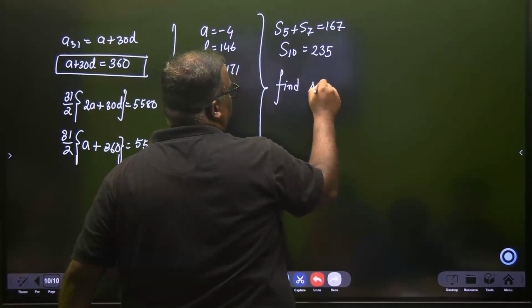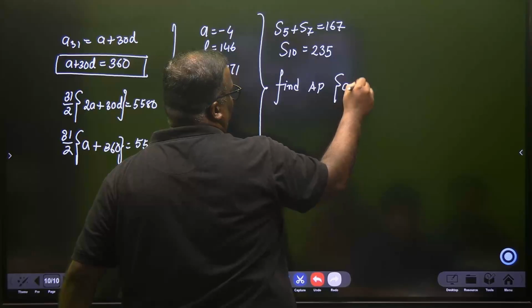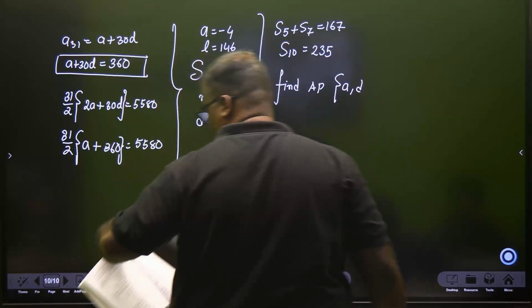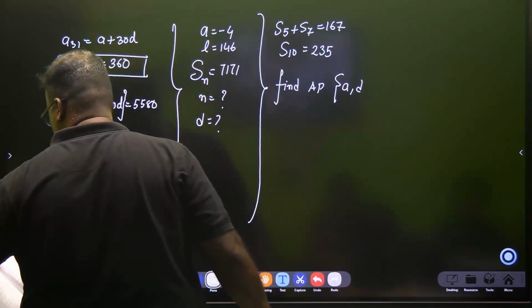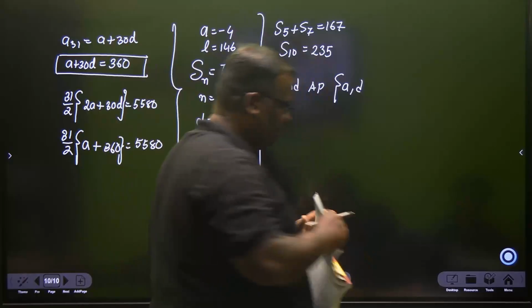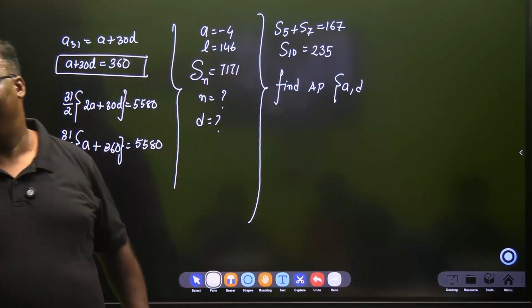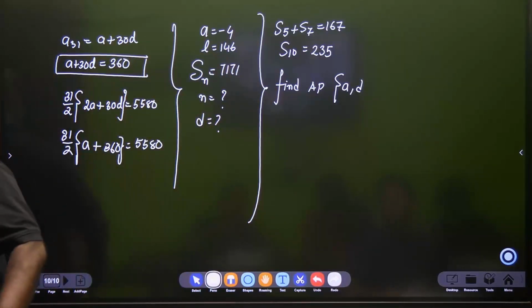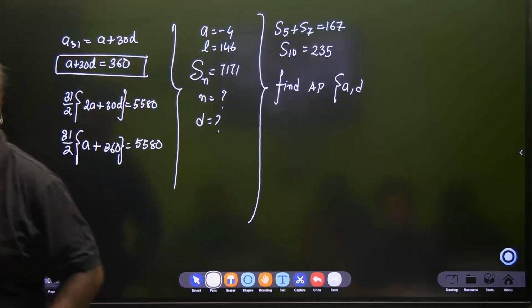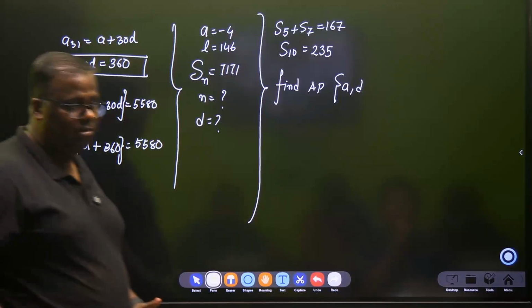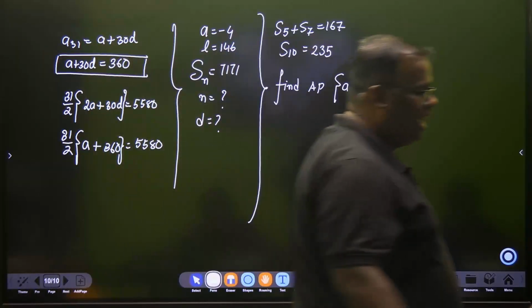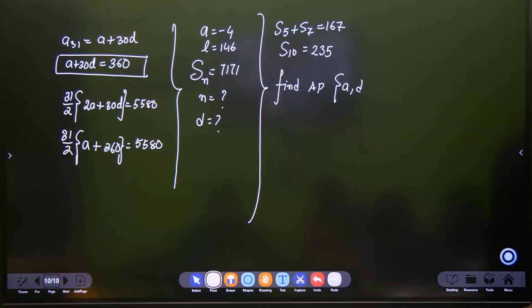Find the AP means basically you need to get the value of A, get the value of D, then only you can find the AP. These two data are given to you. S5 plus S7 is given. Ultimately, two unknowns.